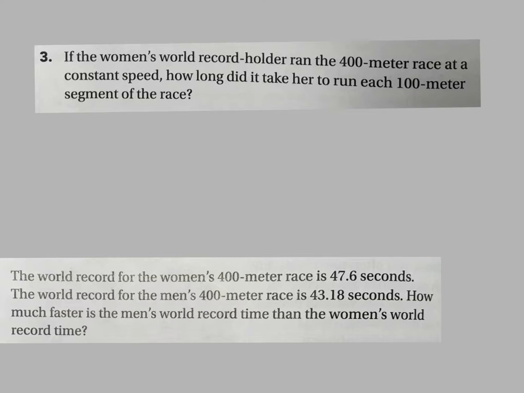If we have starting, then let's just say 100, 200, 300, 400, at a constant speed, how much would each segment be? So do we add, do we subtract, do we multiply, or do we divide? 5, 4, 3, 2, 1.